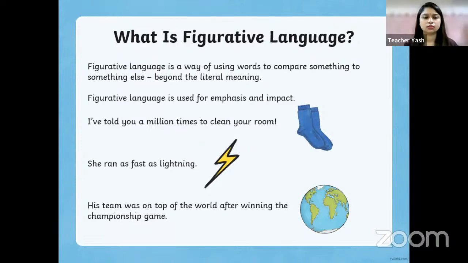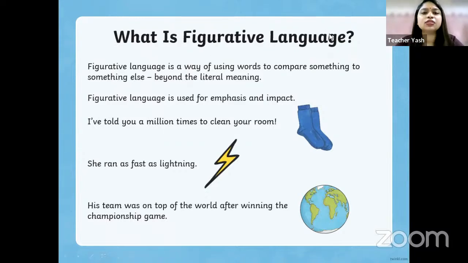Figurative language is used for emphasis and impact. I tell you a million times to clean your room. She ran as fast as lightning. His team was on top of the world after winning the championship game.